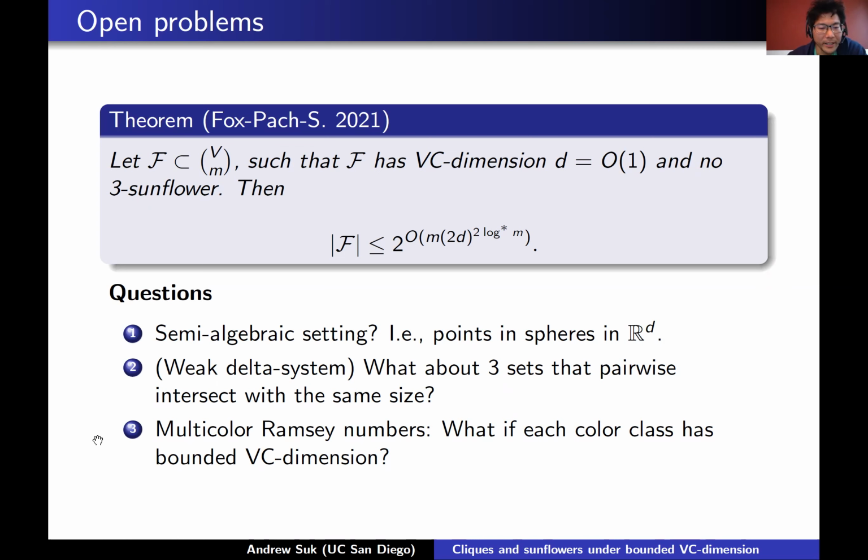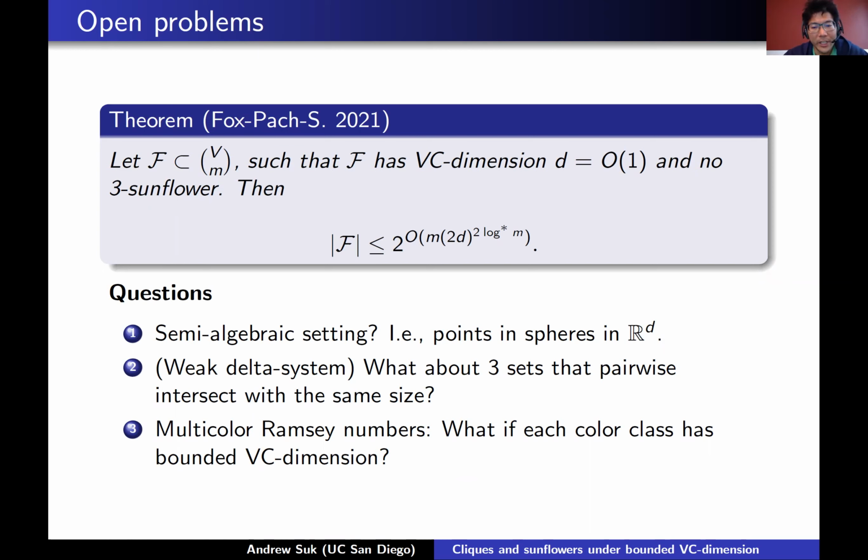And then finally, one last question that I'd like to mention, which goes back to that multicolor Ramsey number stuff. We don't know if we can prove the Schur-Erdos conjecture if we just assume each color class has bounded VC dimension.